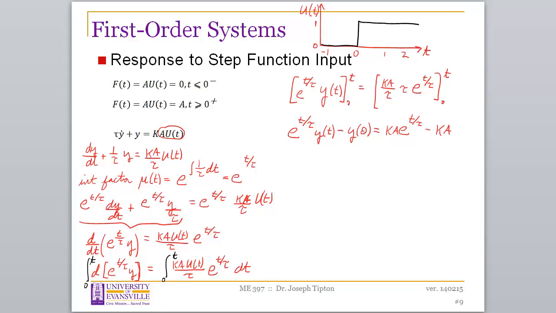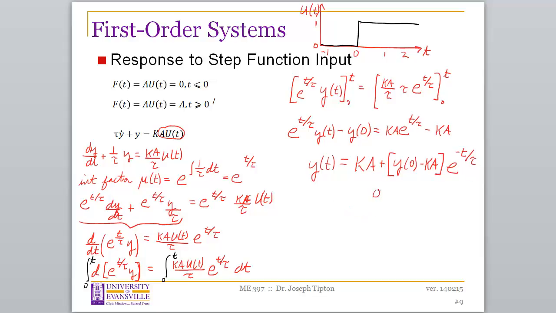Okay, we're getting somewhere. This is what I want, right? This is the output of the measurement system with respect to time. So I can isolate that. And I'll end up with, I'll rewrite it this way, Ka plus, and then I'll group together y0 minus Ka multiplied by e to the minus t over tau.